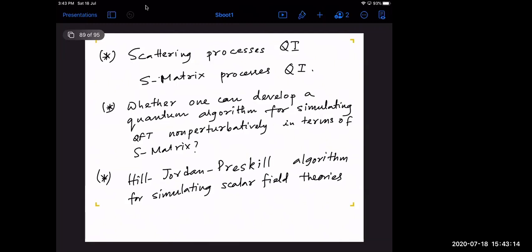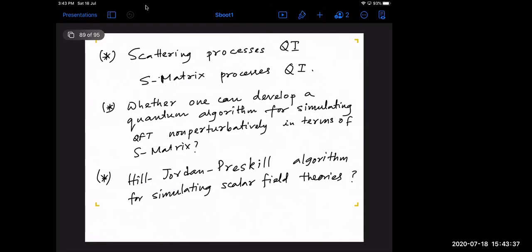Is having a Lagrangian a must? Is it not possible to simulate a quantum field theory or its processes without resorting to an underlying Lagrangian? So in a sense, is it possible to simulate an S-matrix in its full extent?